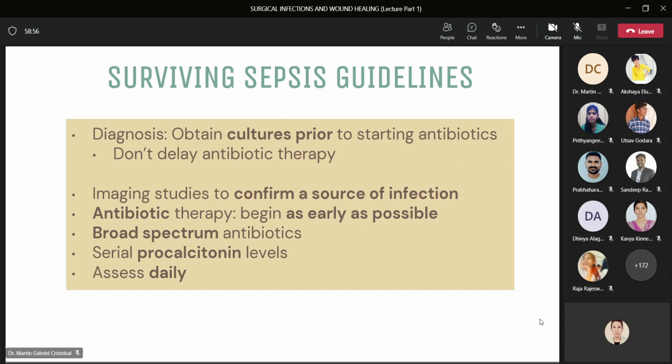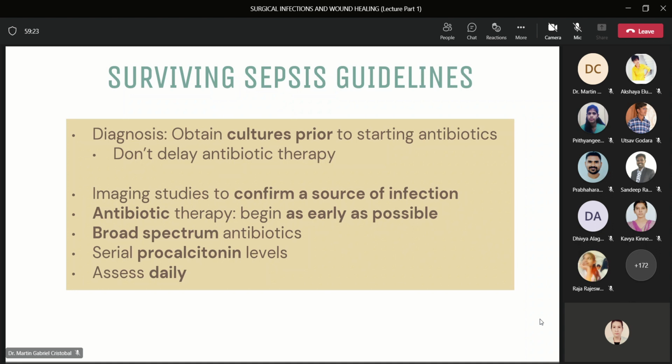One should also obtain appropriate cultures prior to antibiotic therapy, but one should not delay giving antibiotics, and imaging studies should be performed promptly to confirm the source of infection. For antibiotic therapy, begin as early as possible and within the first hour after recognition of severe sepsis or septic shock.